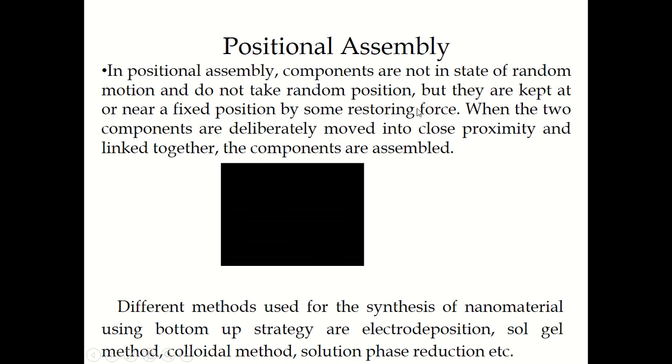Okay, now what is this restoring force? For this purpose we require a robotic arm like an AFM tip or STM tip. So when two components are deliberately moved into close proximity and linked together, the components are assembled. And there are again two approaches for this positional assembly.